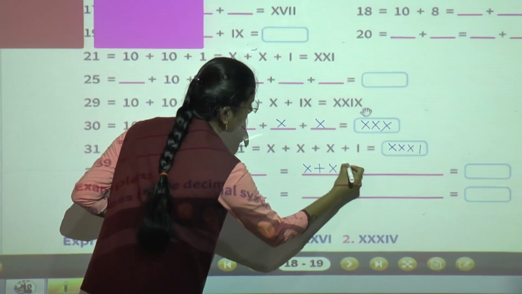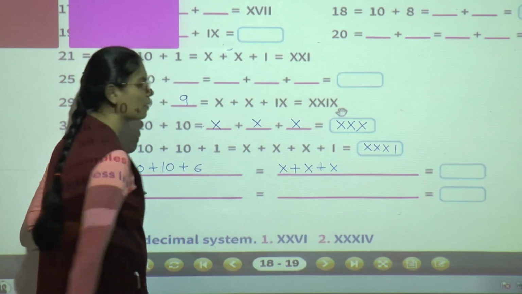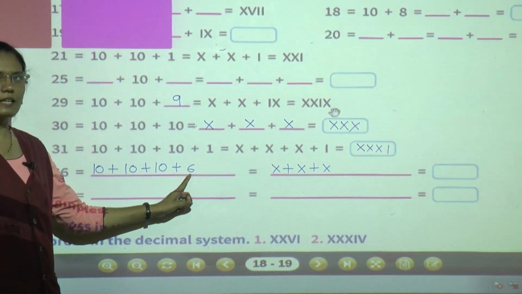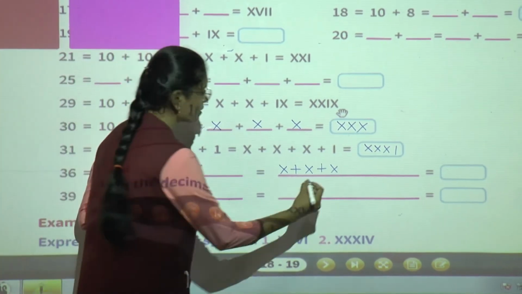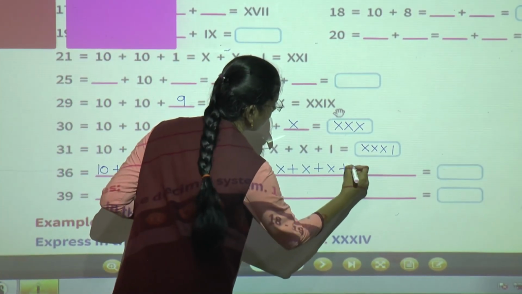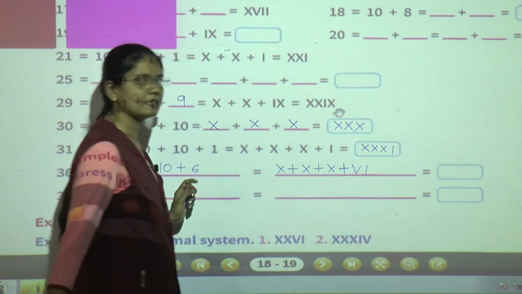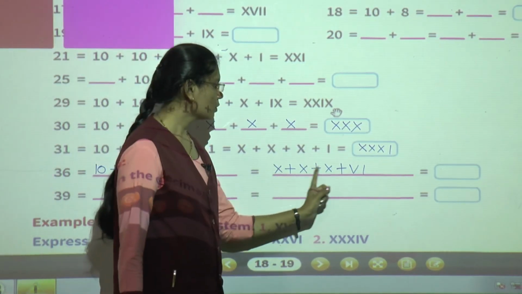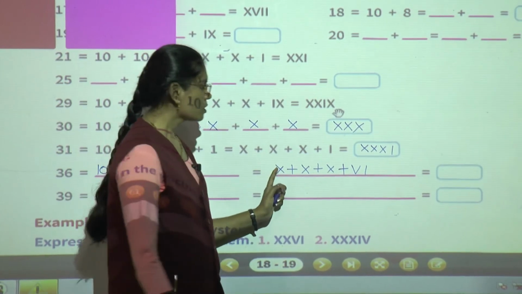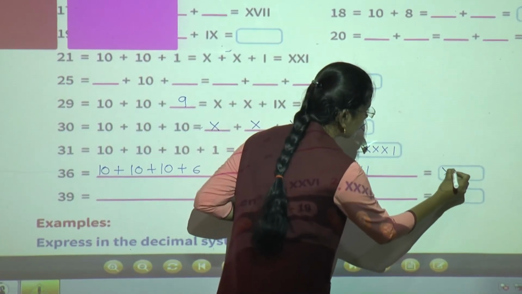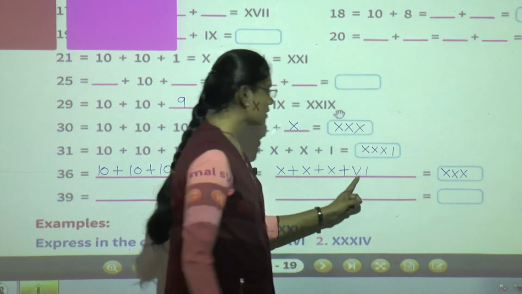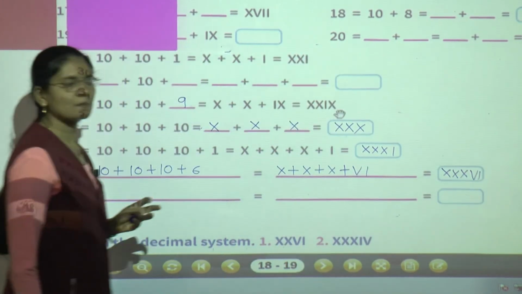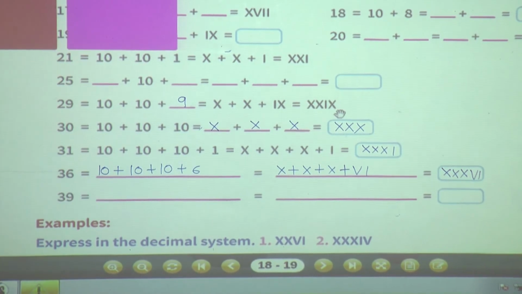So we will write 3 times X: X plus X plus X. Now for 6, which letter are you using? Yes, 6 means VI. Isn't it? So 36 is equal to 1, 2, 3, 3 times X is there. So we will write here triple X, and for 6, VI. So 36 means triple X VI.